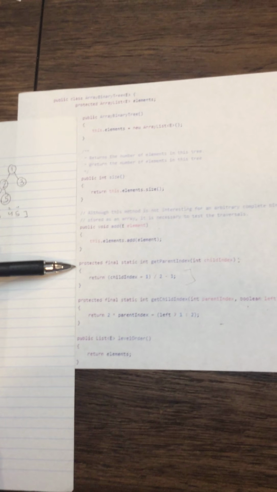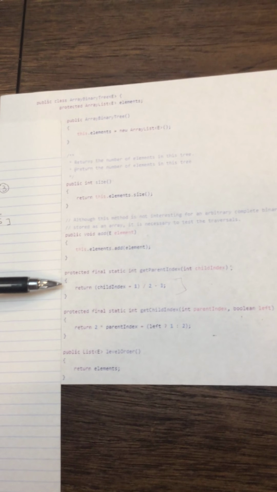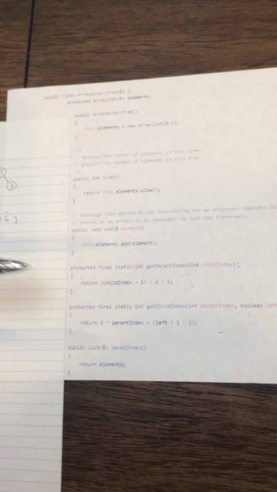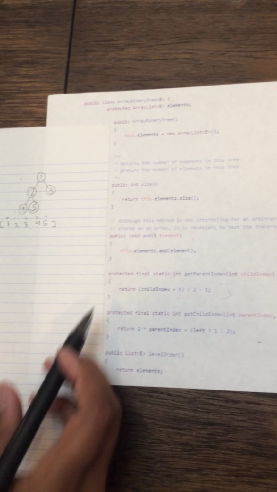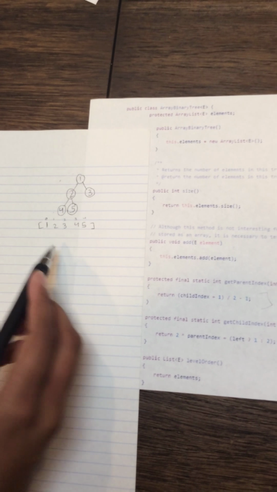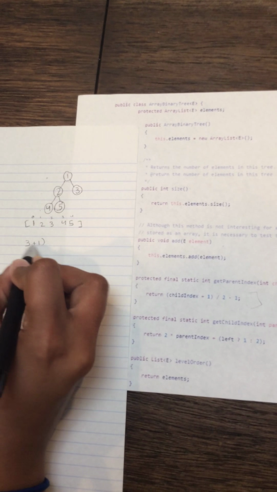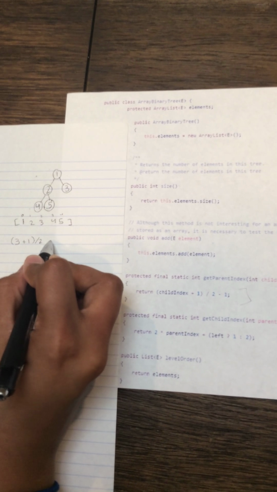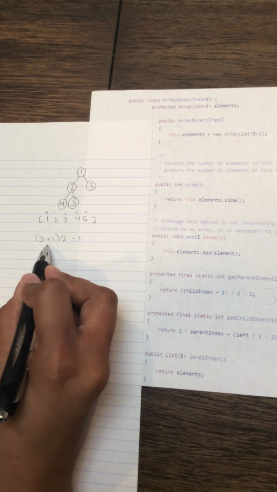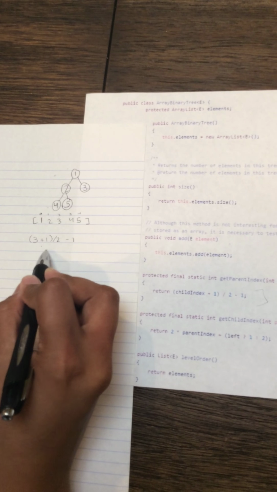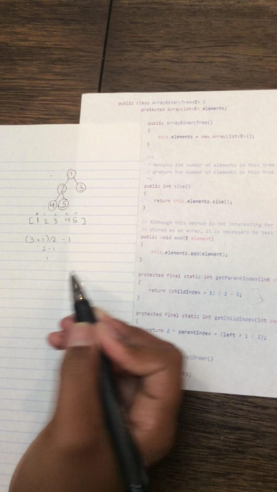And for the next method, there's a formula you can use to determine the parent index if you have the child's index. So for instance, if I try it with 4, the index of 4 is 3, so I would do (3 plus 1) divided by 2 minus 1. So this is equal to 4 divided by 2, which is 2, minus 1, and that equals 1.